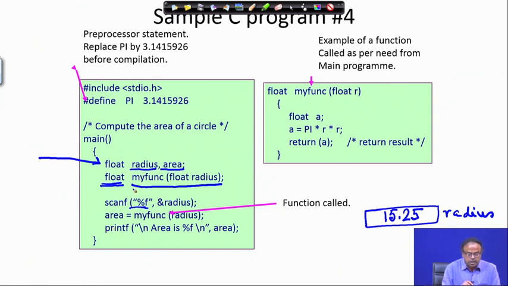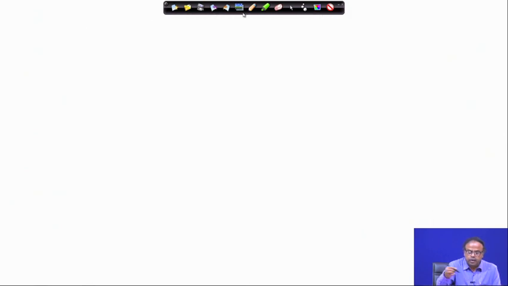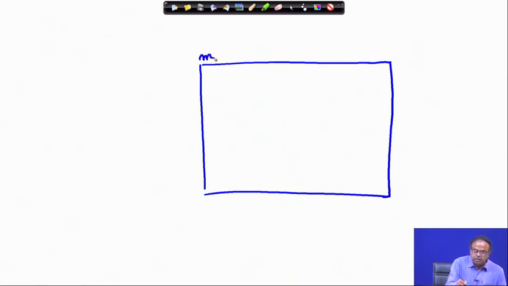So, let us quickly go back to our old diagram. This is the main machine or the main function. Here, what have we done?